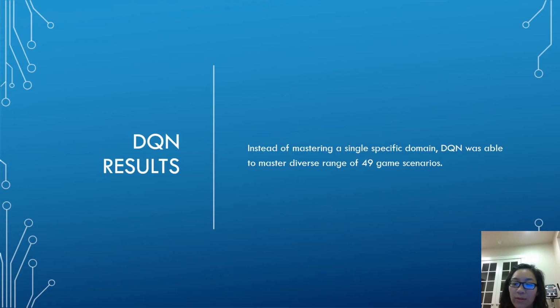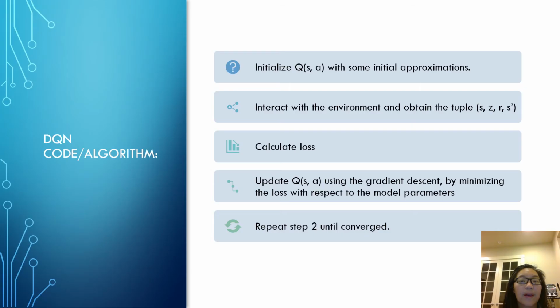So as a result of the neural network and its flexible learning algorithm, DQN is able to master a diverse range of environments. DeepMind was able to make DQN algorithms master 49 game scenarios, for example. A basic overview of the DQN code and algorithm is, firstly, it initializes action value functions with some initial approximations.